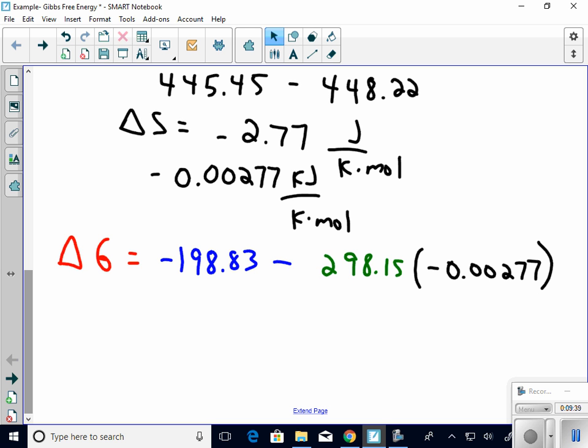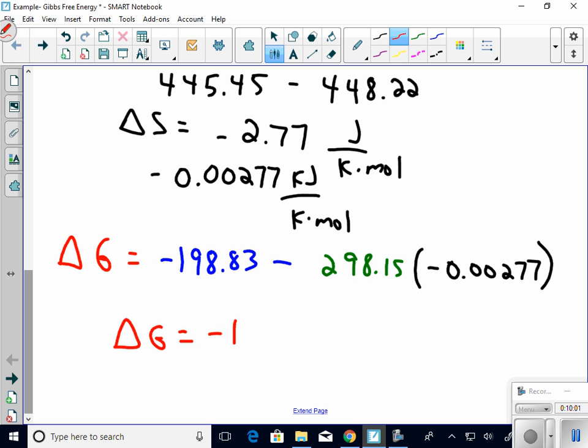Well, let me do that again because I didn't program in a negative for that first one. I get my value for delta G to equal negative 198.00, and that's going to be kilojoules per mole.